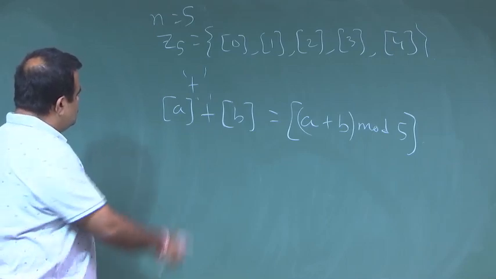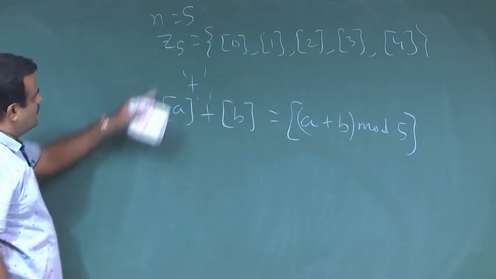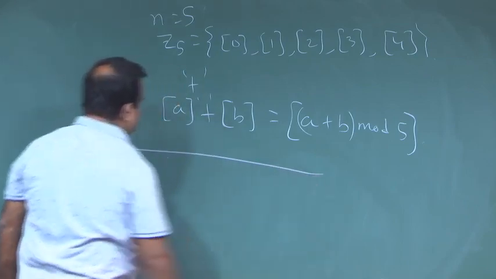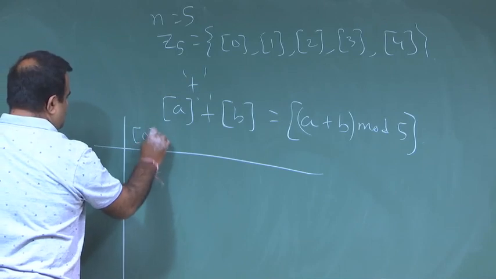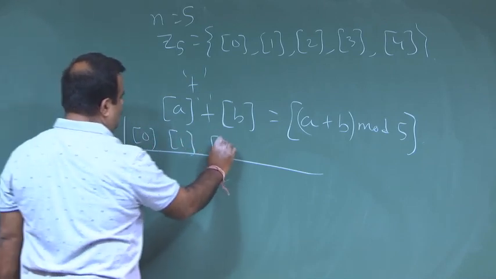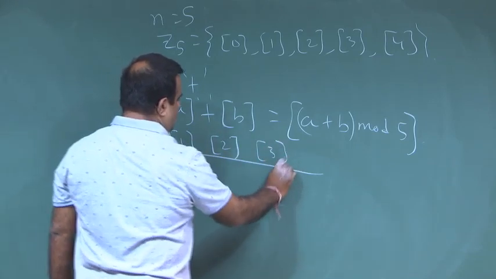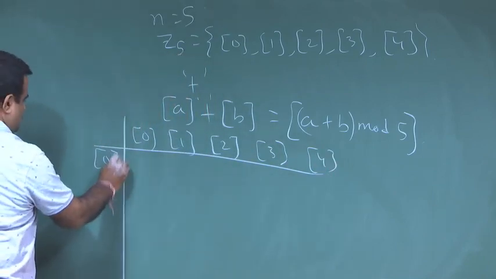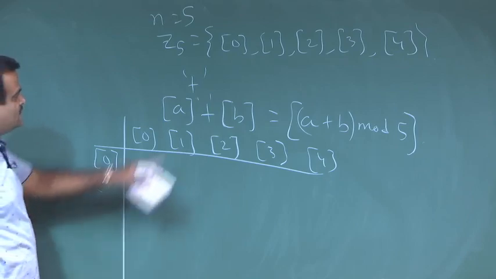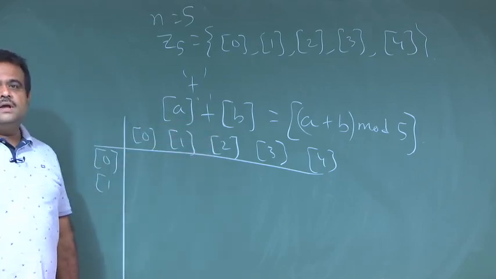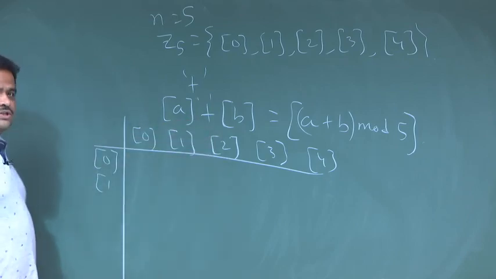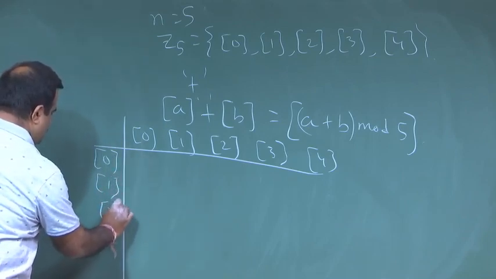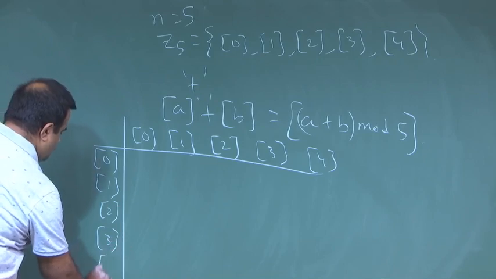Since there are a finite number of elements, we can just have a table: 0, 1, 2, 3, 4. We want to see whether this plus is closed or not, and also whether this is commutative or not.